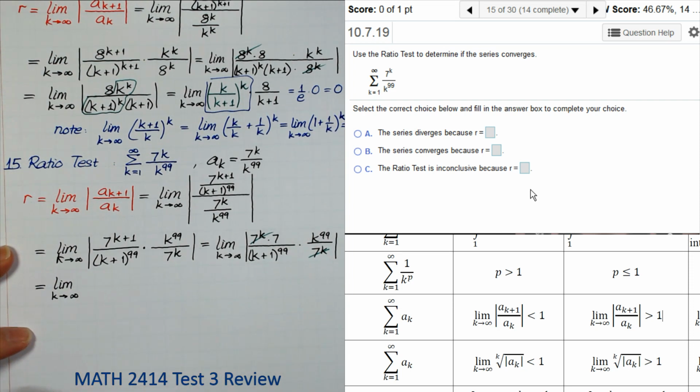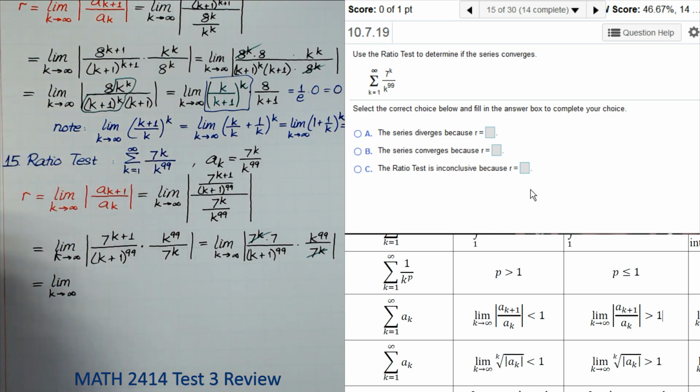Remember, we said earlier that the top is a lot bigger than the bottom, so this one should be divergent.